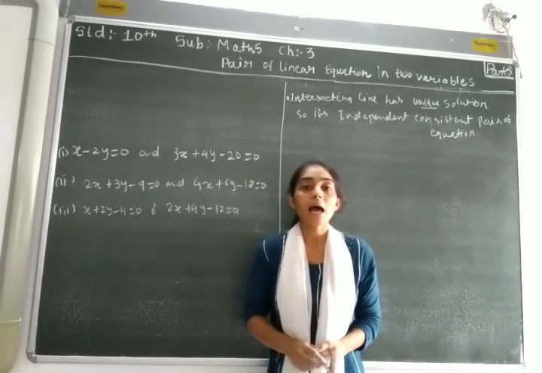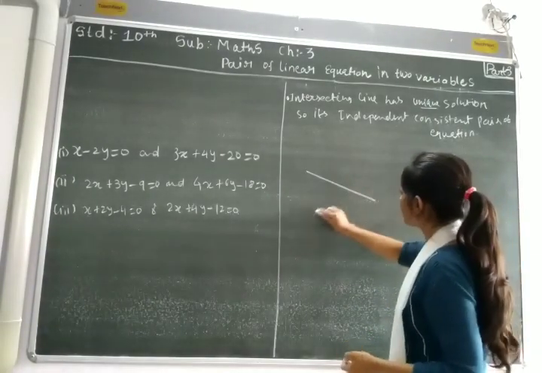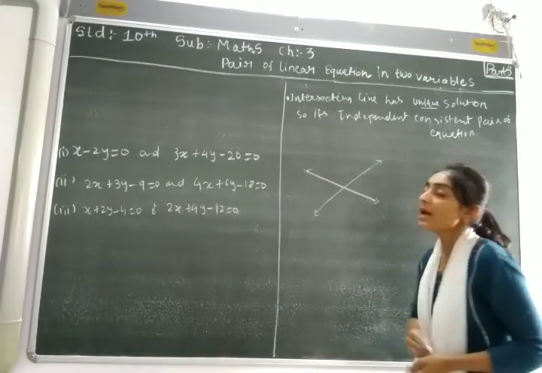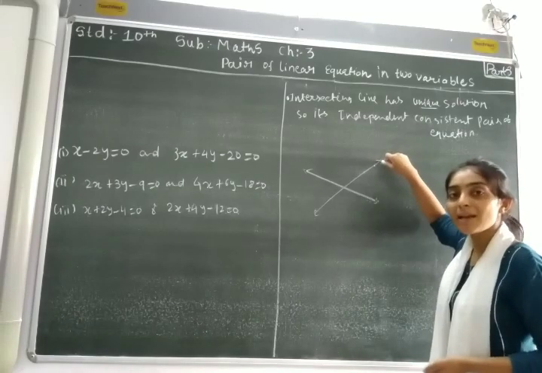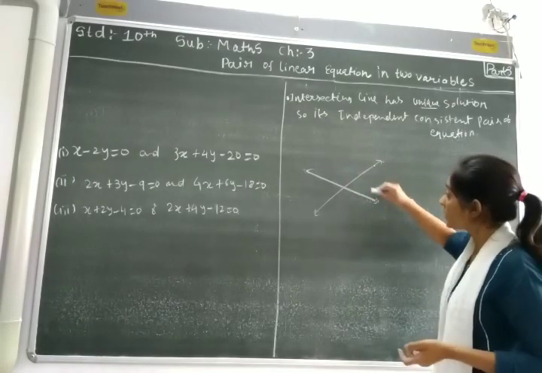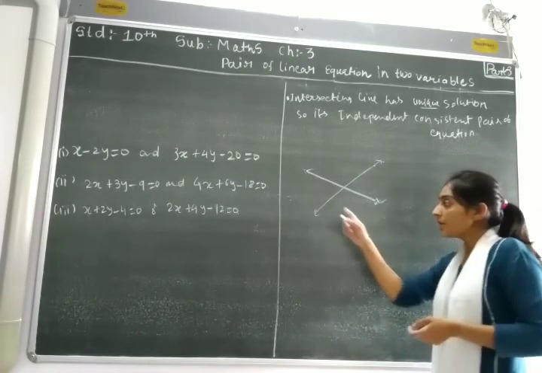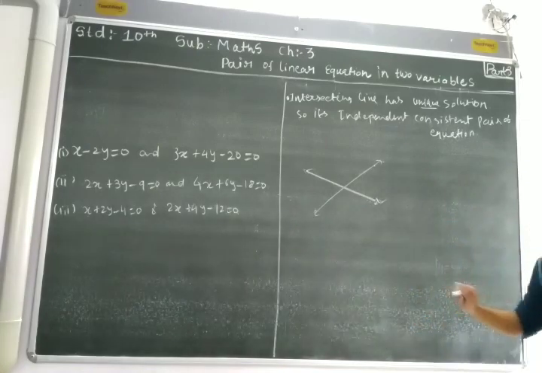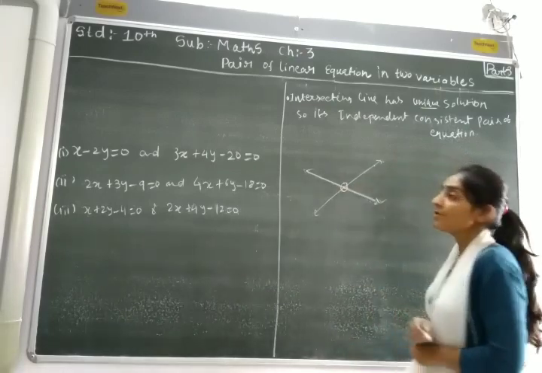Each and every point on a line is a solution of that line only. Each and every point on that line is a solution for this line only. It means both lines are independent, but they have only one point in common.